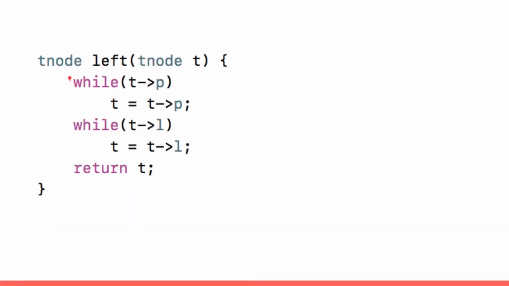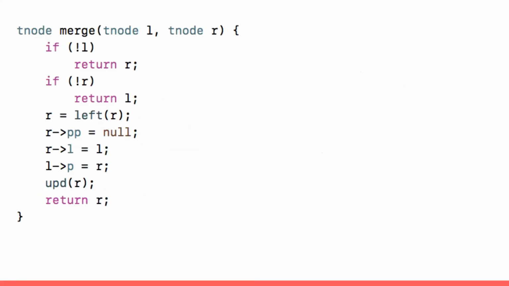For that we should have such a function, left. In this function we are iterating to the root, and in the root we are iterating to the left. If we do that, we will be able to find the first element, the leftmost one. Okay, merge. Merge is pretty similar. We just find the leftmost element in the right node, and merge it.